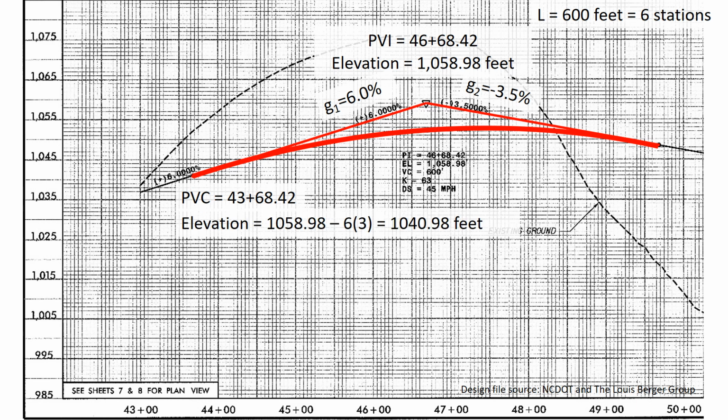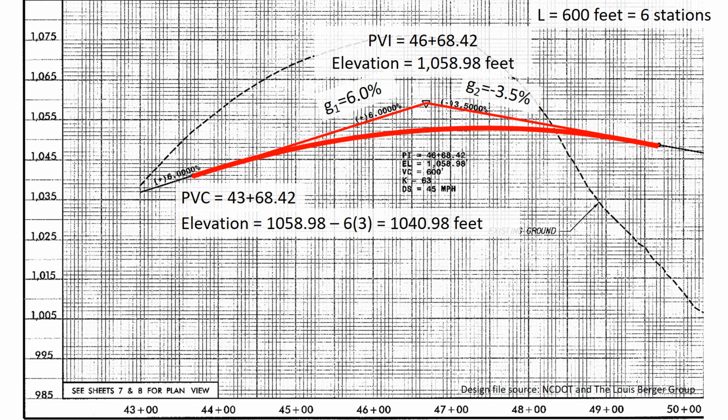We can also calculate the elevation of the PVC. So we're going to start with that PVI elevation that we were given, and then we're going to subtract off that grade, which was 6% and 300 feet. So 6%, 3 stations, 6 times 3. You could also put in the full 600 feet and then put the percent in decimal to get the same thing, but it's an elevation change of 18 feet regardless of which method you use.